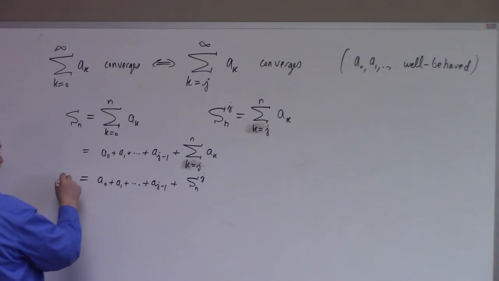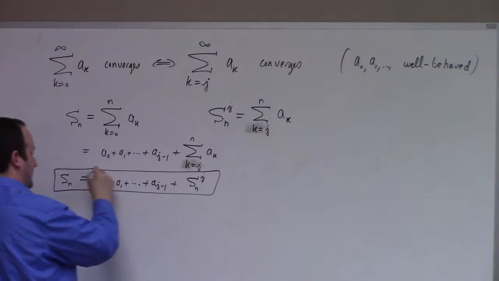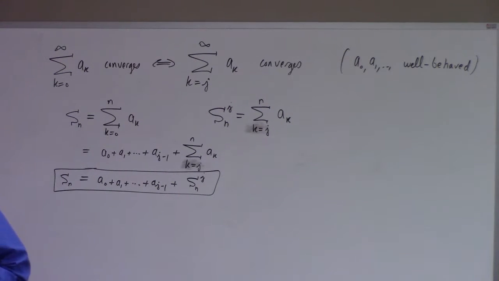So look at this identity. This is a stone cold formula. This is true in the convergent case, in the divergent case, whatever. And that ties the convergence and divergence of the one that starts at j and the one that starts at 0, and they are stuck together, right?